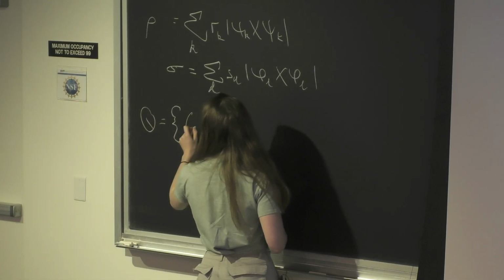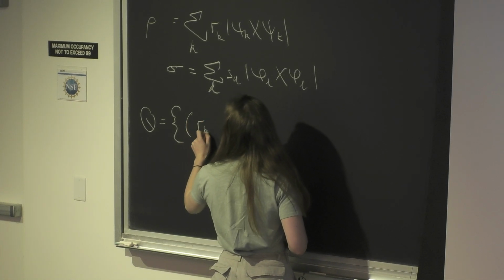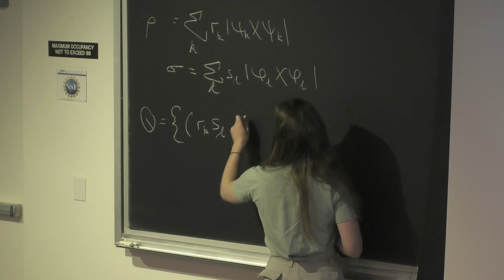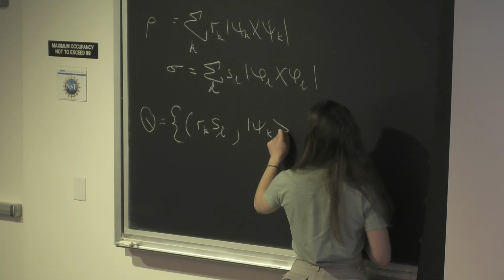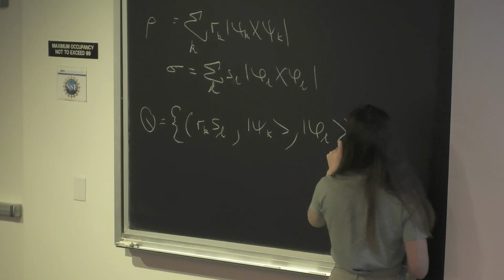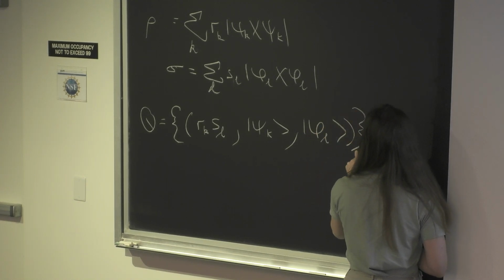So you would get r_k s_l amount of psi k, and you transport it onto phi l, over k and l.